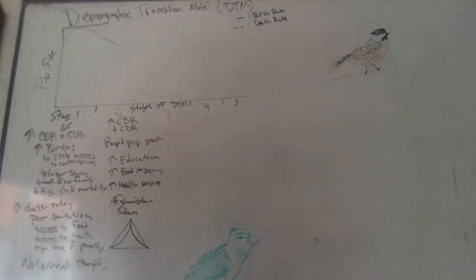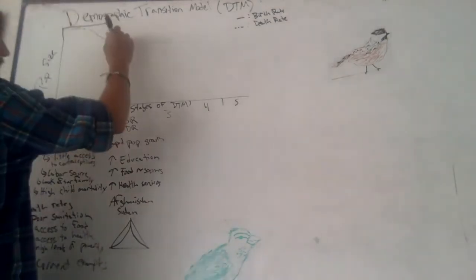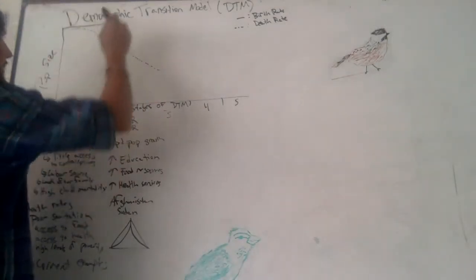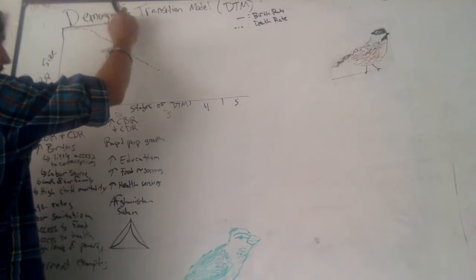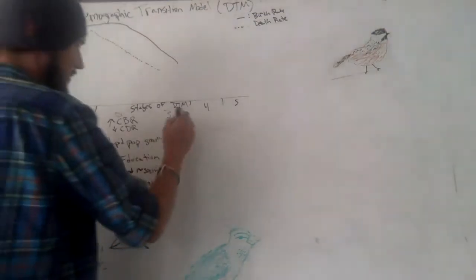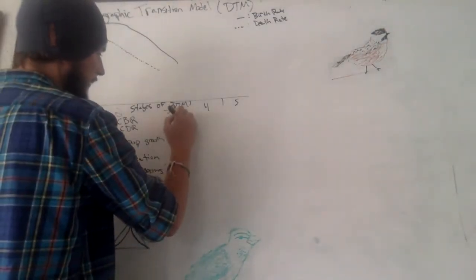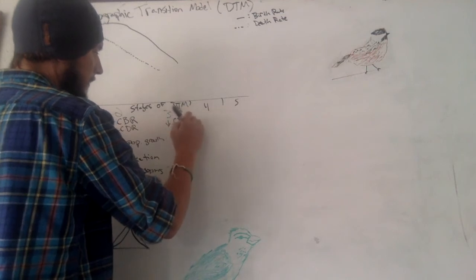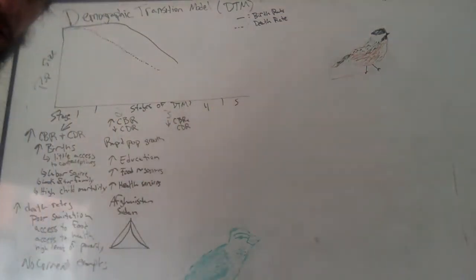Okay, and then as the country continues to develop, we are still lowering our death rate, which is great. And then people also start to lower their birth rate as well. So in stage 3, we're seeing a drop in both CDR and CBR. A drop in both birth rates and death rates.